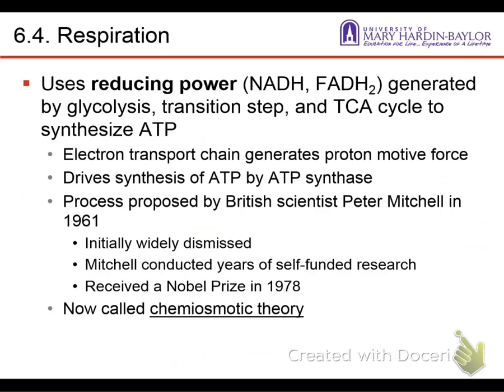Okay, so now we need to switch gears a little bit away from the central metabolic pathways and talk about the process of respiration. Respiration basically is using all the reducing power, all that NADH and FADH2 that's produced in all of those central metabolic pathways, and we use it to synthesize ATP.